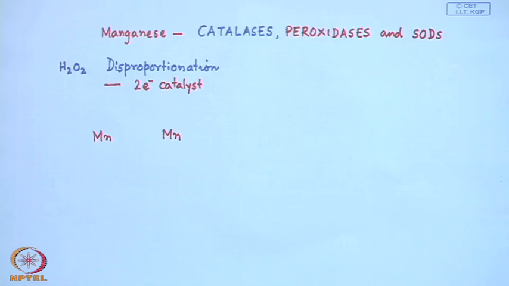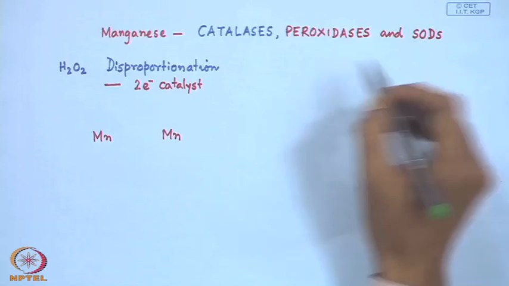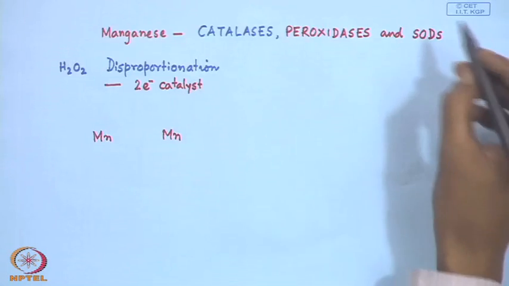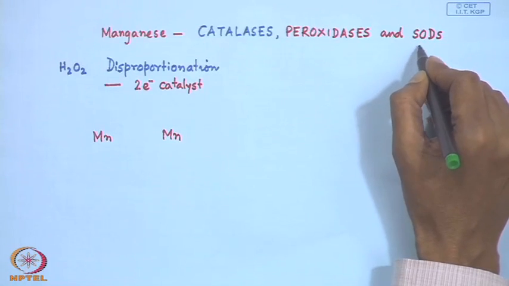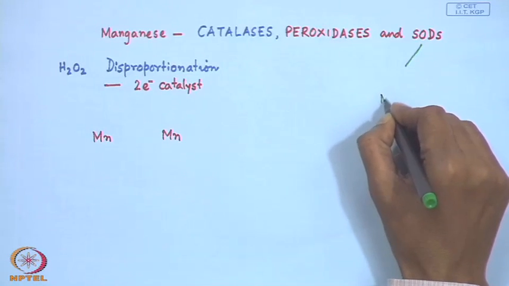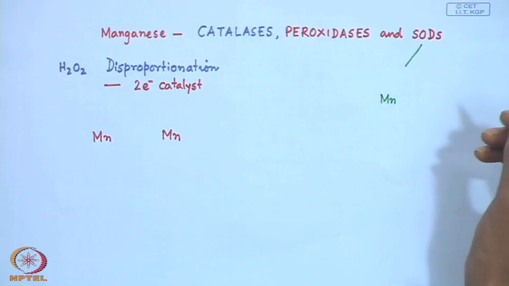So, side by side, in case of hydrogen peroxide we need a 2 electron catalyst which can increase the rate of the reaction. Similarly, for superoxide, we can have a single electron transfer from the superoxide anion.